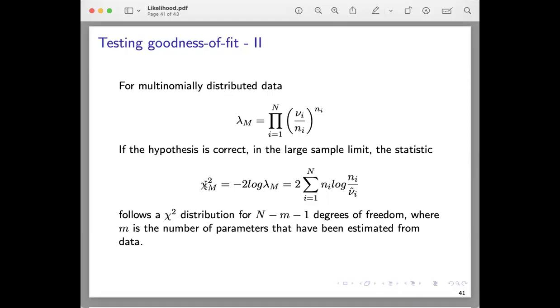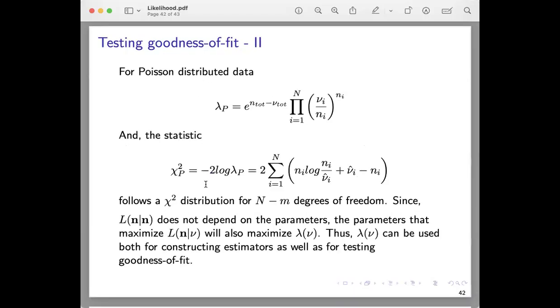Similarly, in the other case, when you treat n total to be a Poisson variable, then in that case you can write lambda p as this exponential factor times what we got from the multinomial distribution. And then you can again define the chi-square for this case, as minus twice log of lambda p.